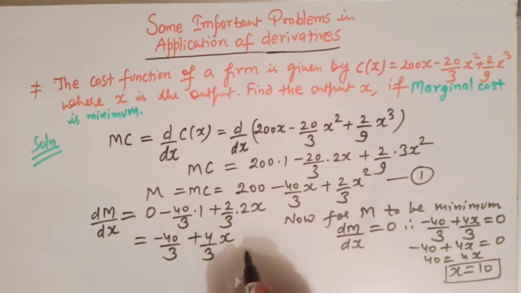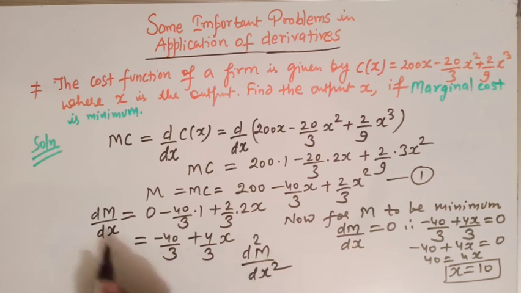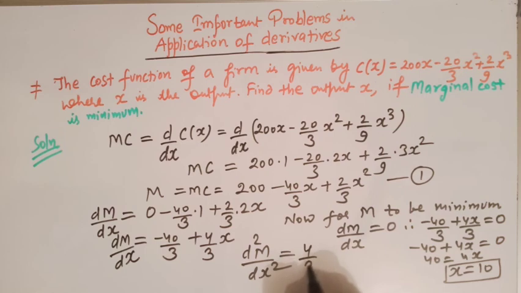Now let us see whether this marginal cost function is minimum at x equal to 10 or not. So what we will do, we'll find the second derivative of m. So the second derivative d2m over dx2, we'll differentiate this function. So we have 4 upon 3, because the derivative of minus 40 divided by 3 is 0, and the derivative of x is 1, so we have 4 by 3, and this is a positive quantity, so this is greater than 0.